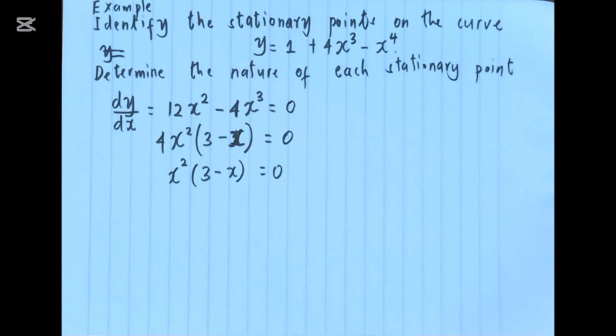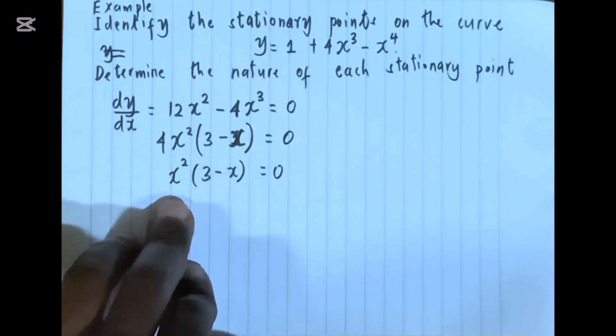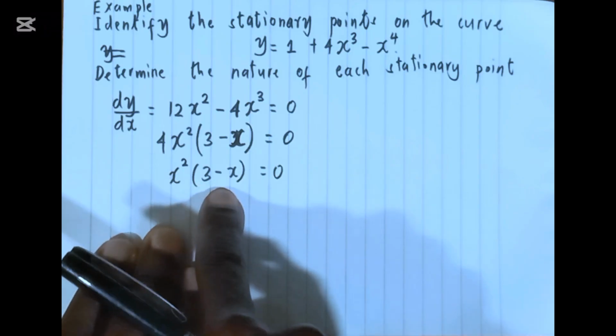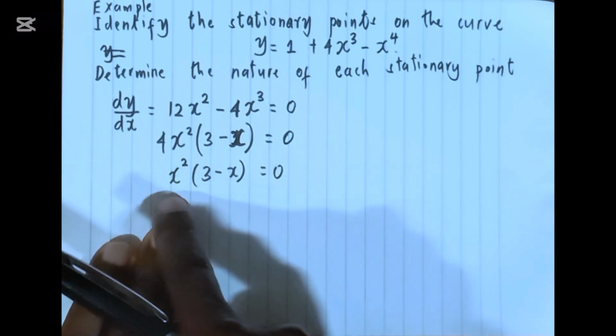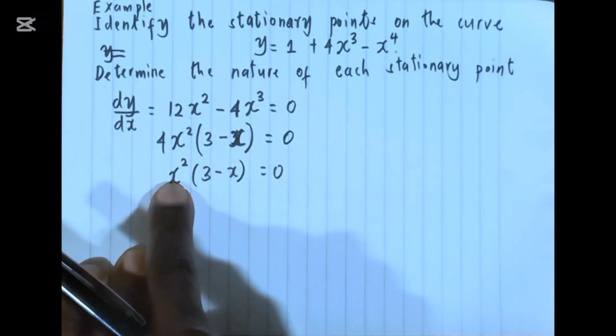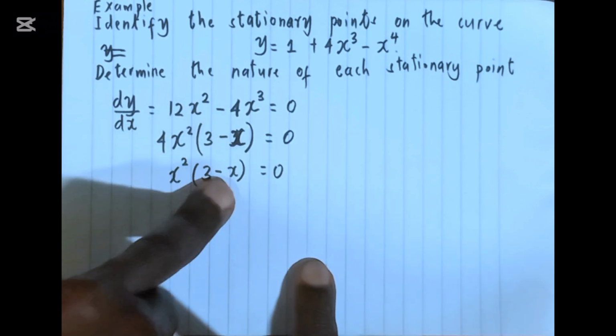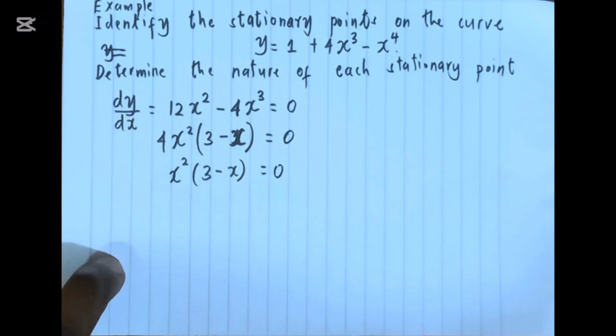If you've been following our classes, then you realize that for this equation to be equal to 0, it means that either the factorized term x squared is equal to 0, or whatever we have in the bracket is the one that is equal to 0.